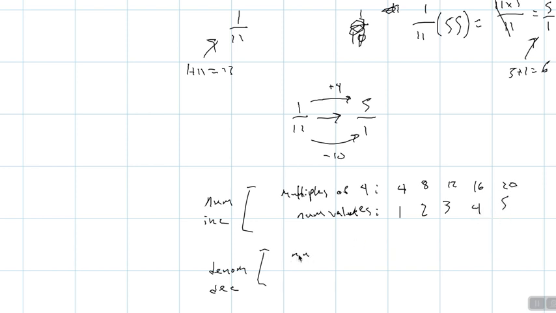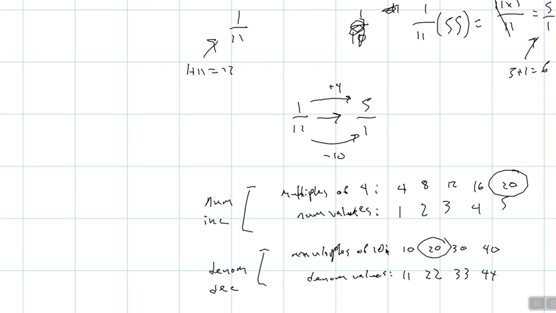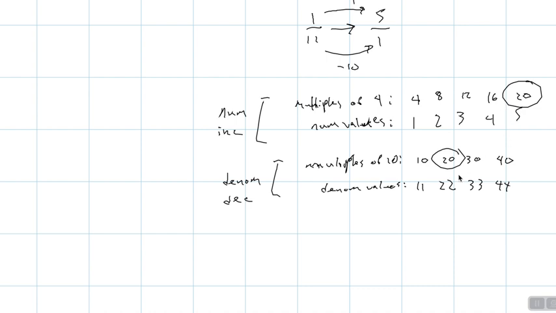The denominator is decreasing by multiples of 10. The denominator values are 11, 22, 33, 44, because they're multiples of 11, and the decreases are 10, 20, 30, 40. Here we see that when the denominator is decreasing by 20 and the numerator is increasing by 20, that fraction is going to be 5 over 22.